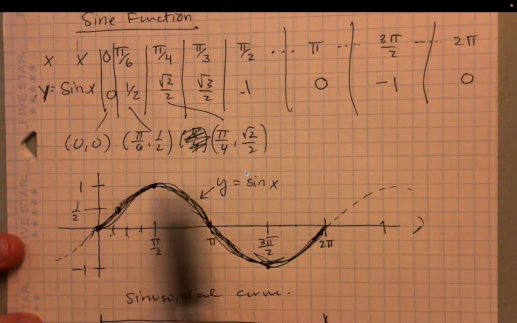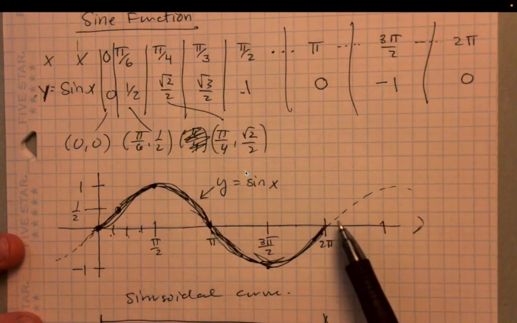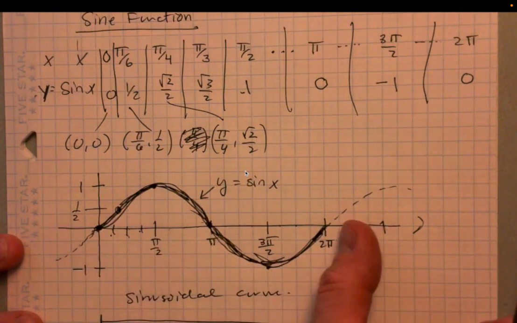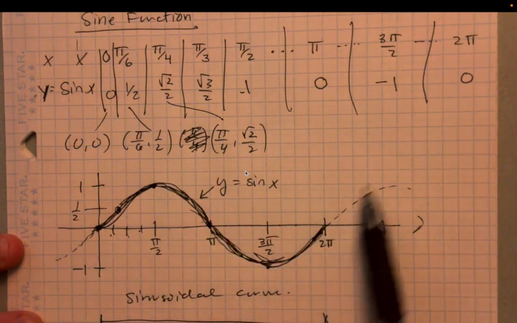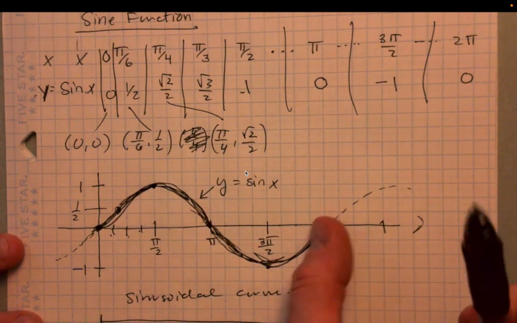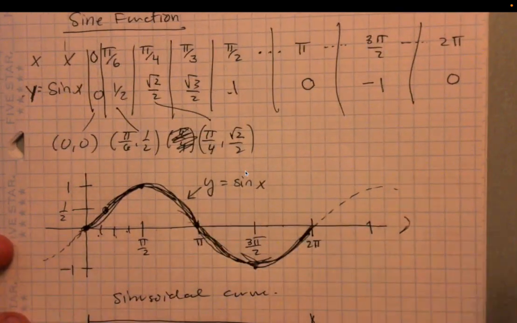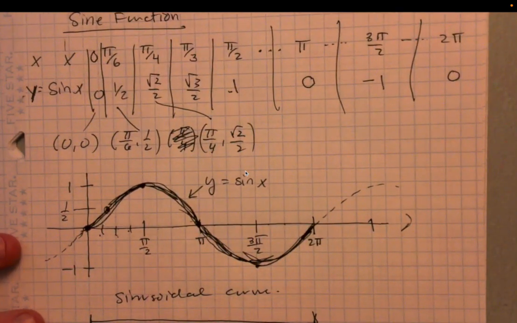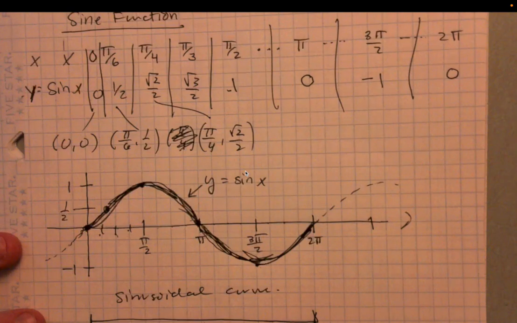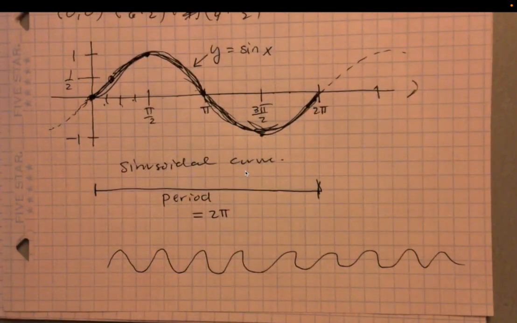You can think of it as this section here could just be copied over to here, and it's going to look exactly the same. And then you could copy it further over, and just look exactly the same. It just keeps doing this same thing to infinity. It never stops. It keeps going, and it's got the same exact pattern, the same slopes, the same everything.